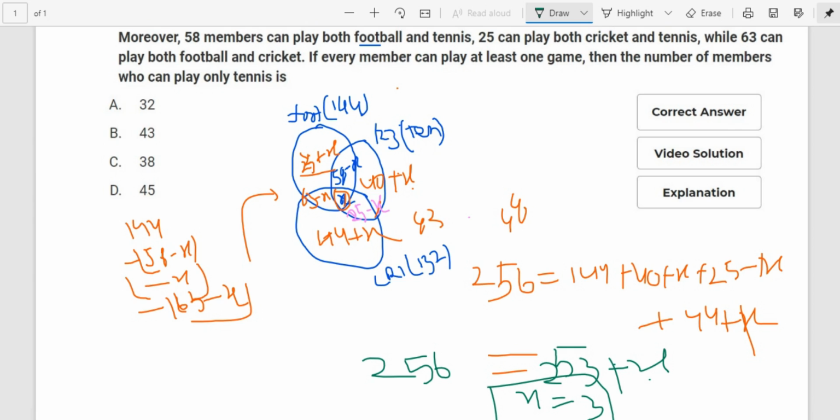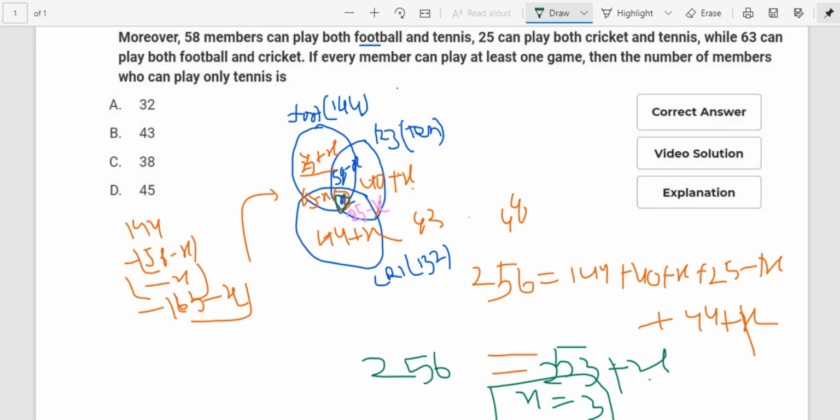X equals 3. So when I put these values, X equals 3, anywhere I put the value of X, I get whatever I want. Whatever I want, I just put the value of X and I get the answer.